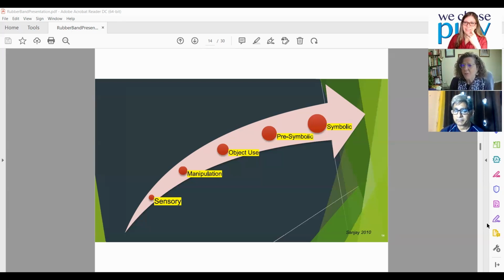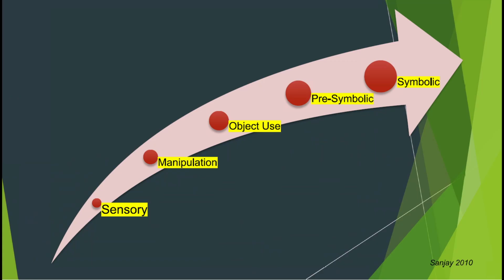Beautiful. And the key for me in this model, the arrow model, is that when I put this arrow model into the DIR Floortime model, we want children to move towards symbolic thinking, isn't it?